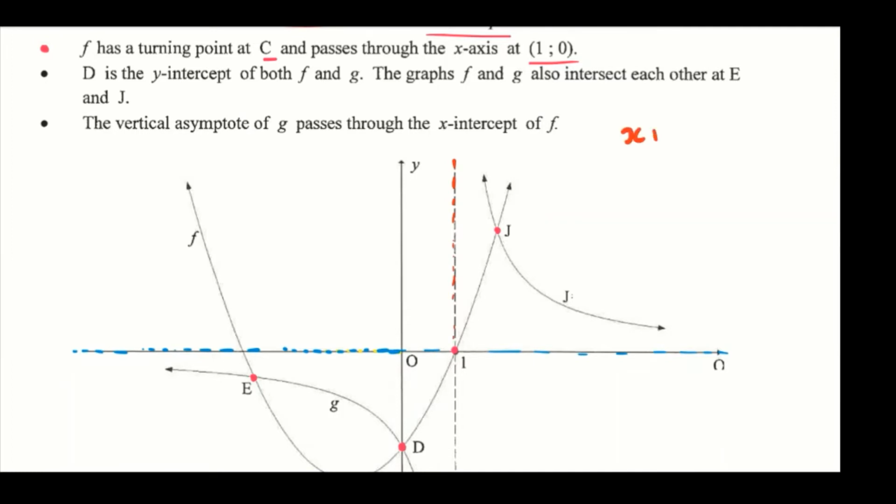We know x plus P is equals to 0, and we know that the vertical asymptote is equals to 1. So if you take this 1 to the other side, we have x minus 1 is equals to 0. So the P value is actually minus 1. So this is the value of P, right?